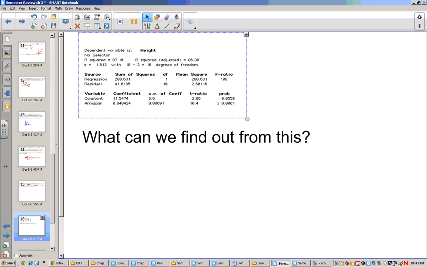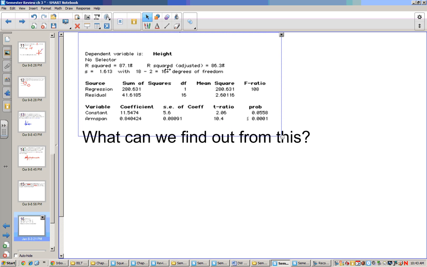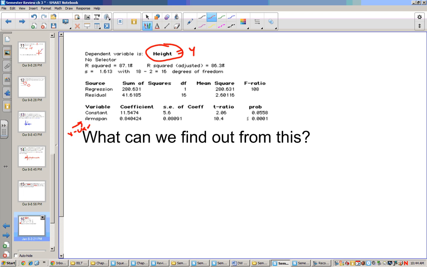Now, we need to know how to read a Minitab result. What can we find out from this? Well, we know that the dependent variable, our y variable, is going to be our height. This right here is our x variable. This value is our slope.